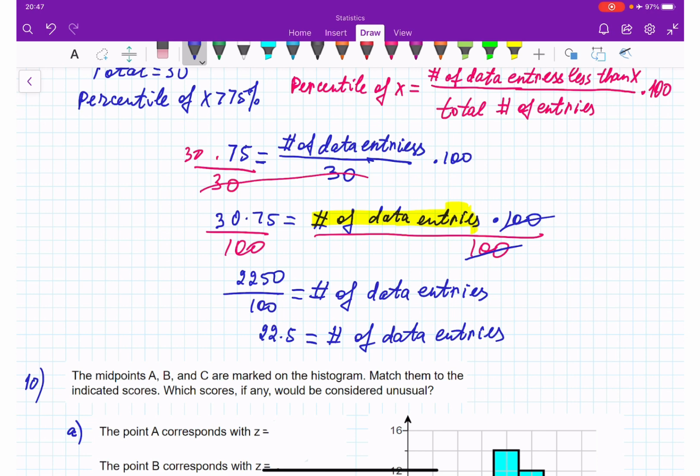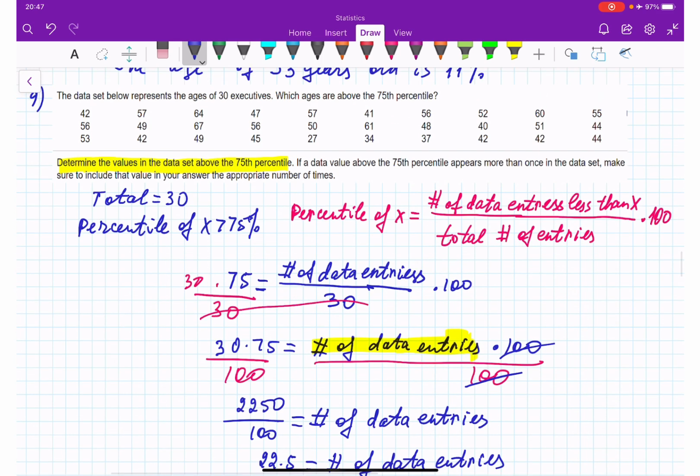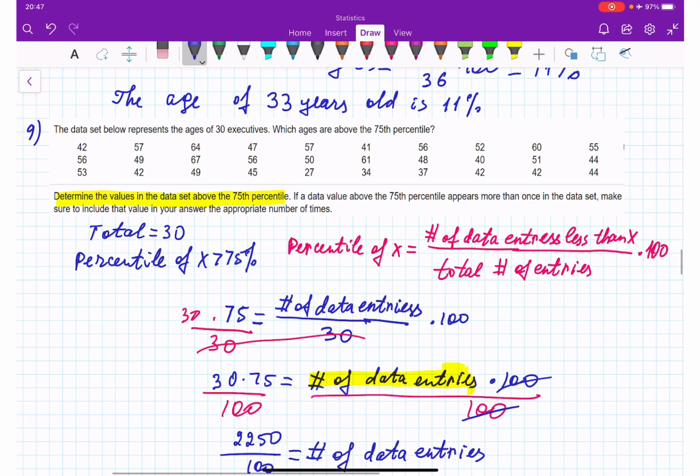So let's see, position 22, which value is that? Total we have 30, right? I'm going backwards from 30, 29, 28, 27. Actually, if it's 30, starting with 20, 21, 22, right?